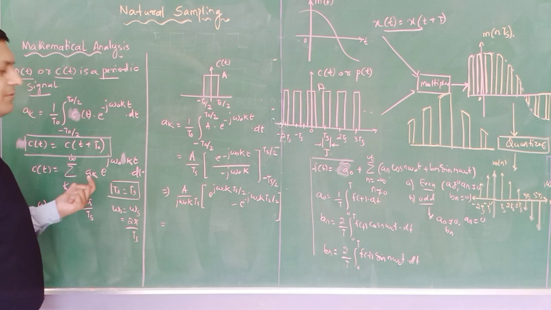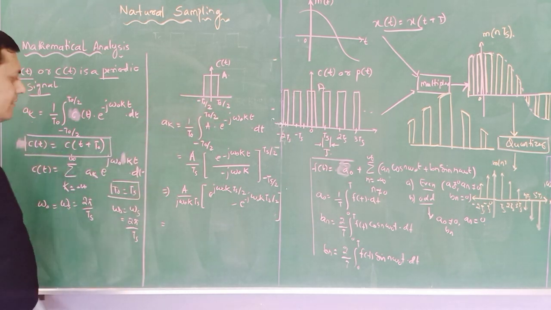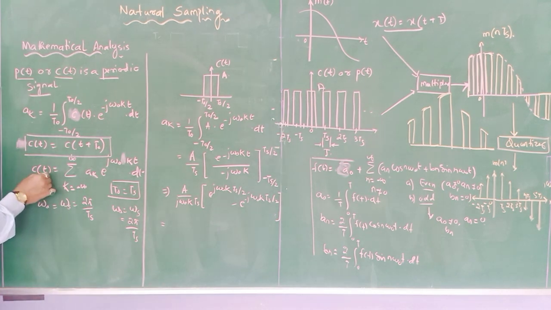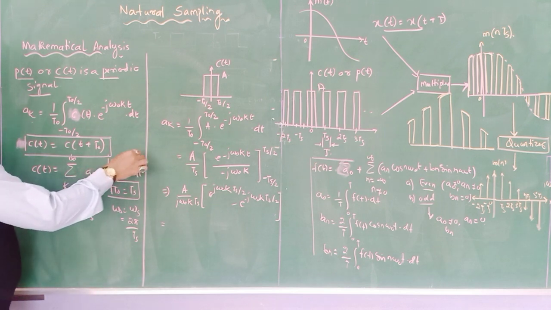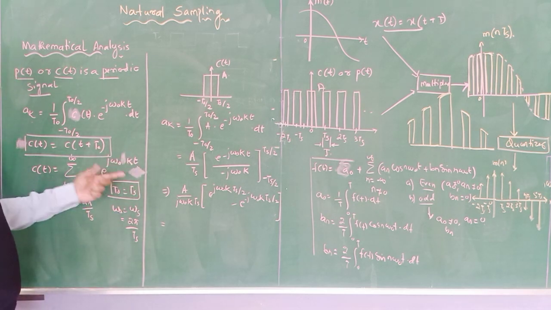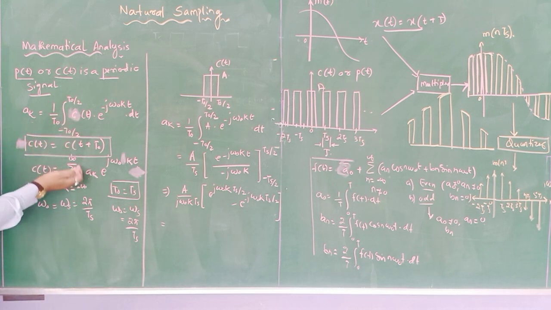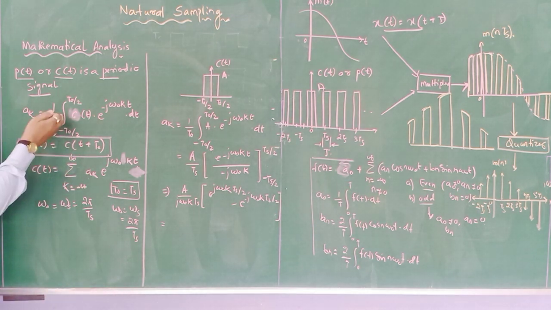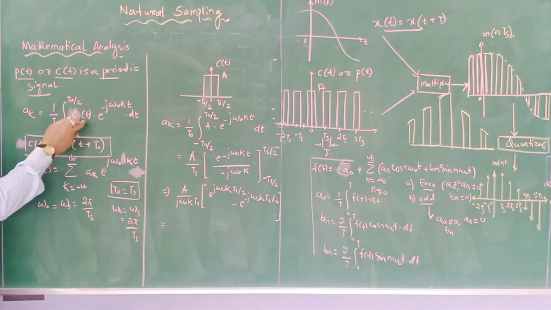Here I am using the exponential expansion because anyway we are identifying the discrete positions. So c of t equals the sum over k from minus infinity to infinity of a suffix k e to the power j omega naught k t. When you take this integral, it becomes, on the left hand side, 1 by t naught times the integral from minus t naught by 2 to t naught by 2 of c of t.